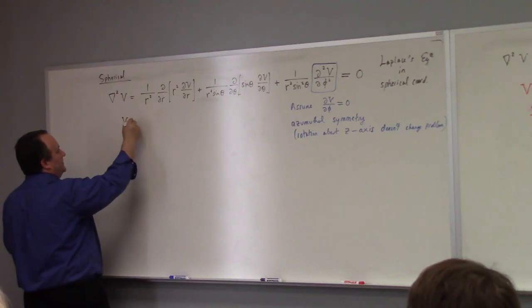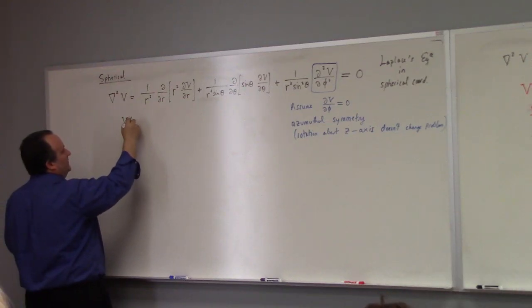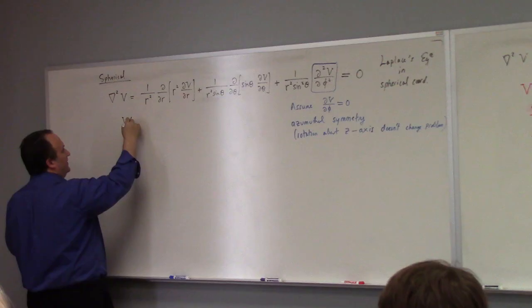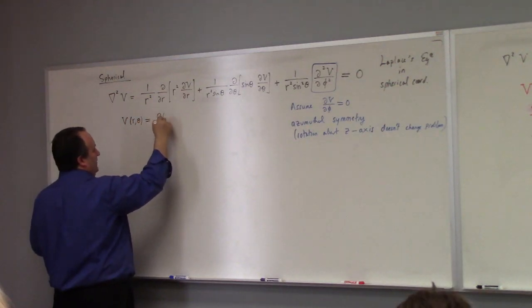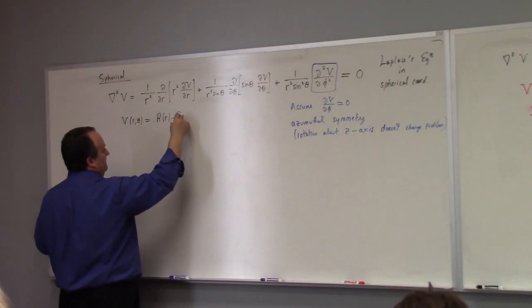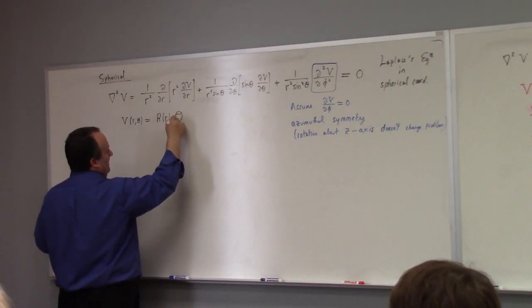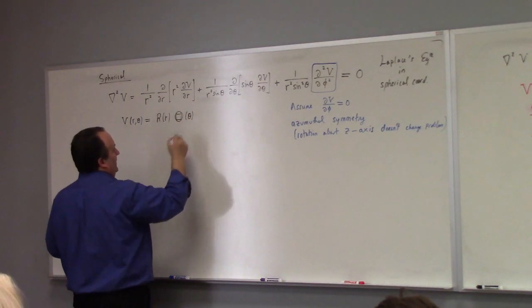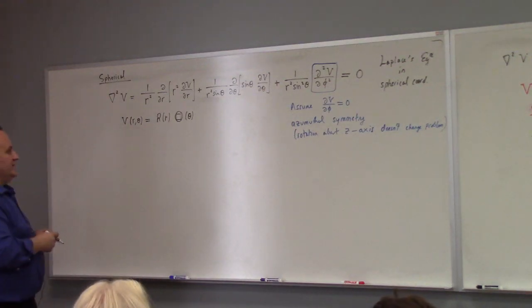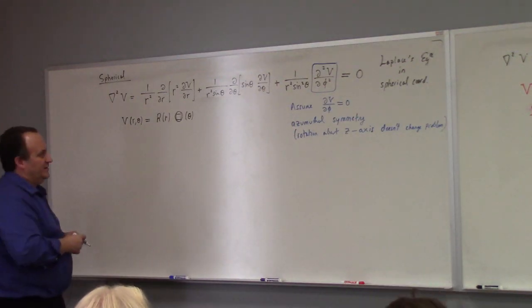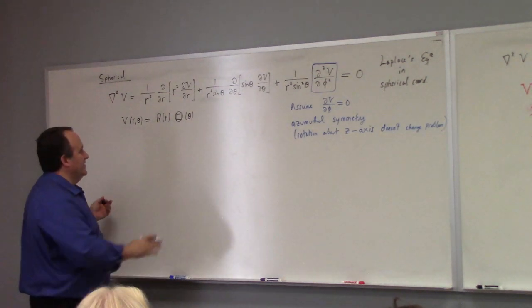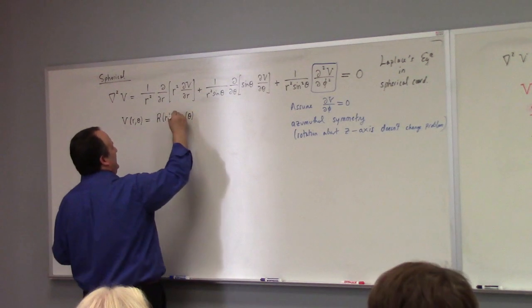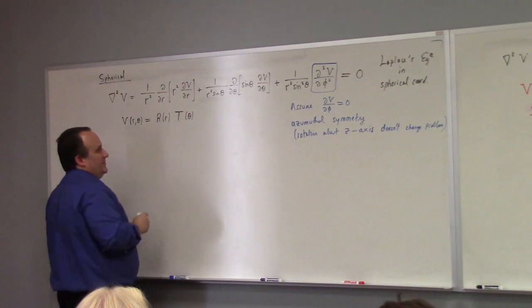Okay, so basically our product, we're going to do V is a function of r and theta, right? And we'll call that R of r and big Theta of theta. Now, if that symbol doesn't give you great joy, for the sake of making this lecture infinitely more readable, let's call this a T. There you go.